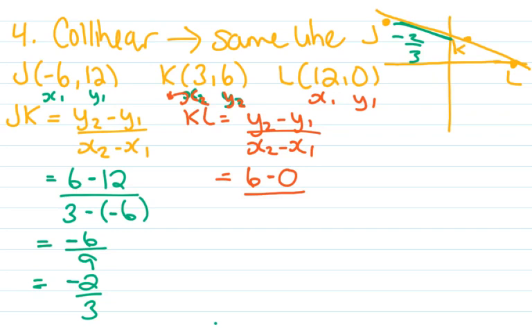X2 is 3 minus x1, which is 12. 6 minus 0 is 6. 3 minus 12 is -9, which leaves me with -2/3. So far, the same. I need to check one more, which is JL.